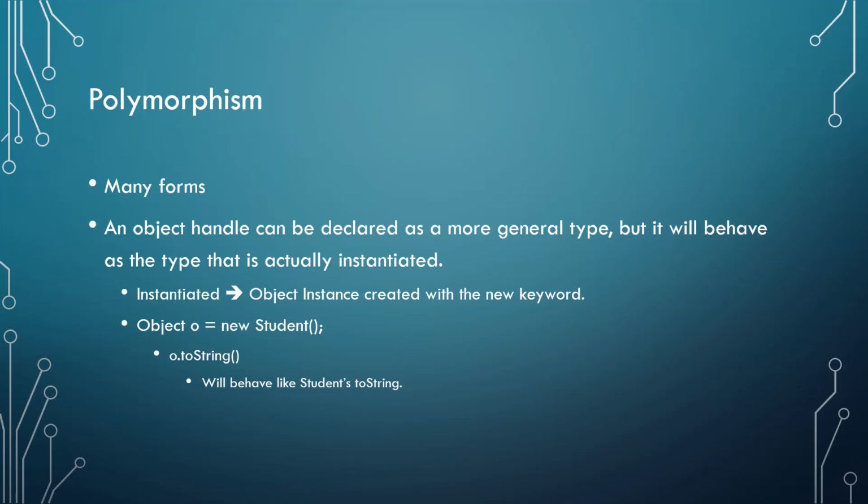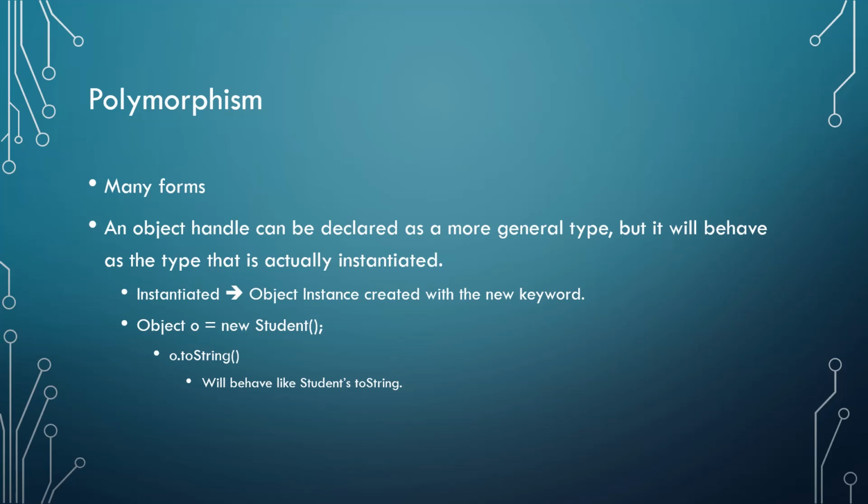Polymorphism. Poly means many, morphism means forms, so many forms. An object handle can be declared as a more general type, but it will behave as the type that is actually instantiated. So instantiated means the actual object creation with the new keyword. So, for example, Object o = new Student. Object is very general, the most general type.